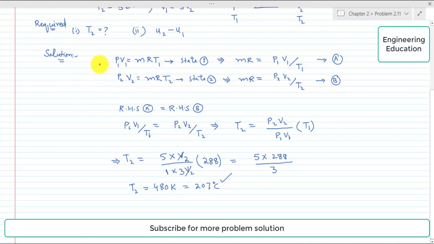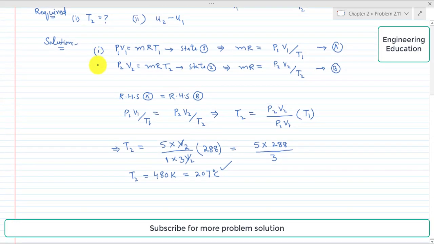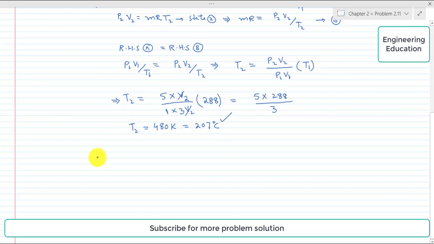So this is the solution of part 1. In part 2 we are required to find the increase in internal energy per kilogram. So U2 minus U1 value is required. We know that for state 1 the internal energy from Joule's law will be U1 is equal to CV T1, and for state 2 U2 is equal to CV into T2.